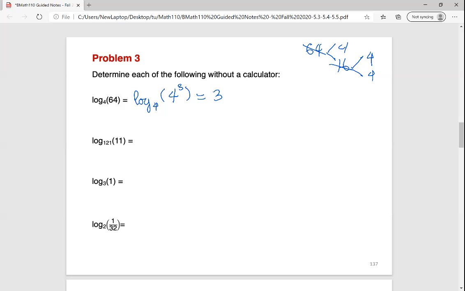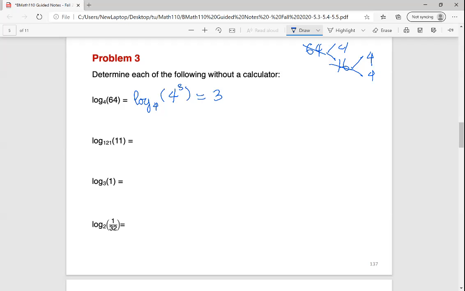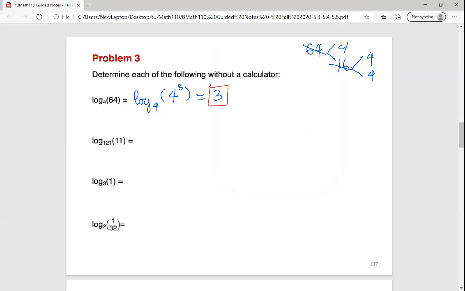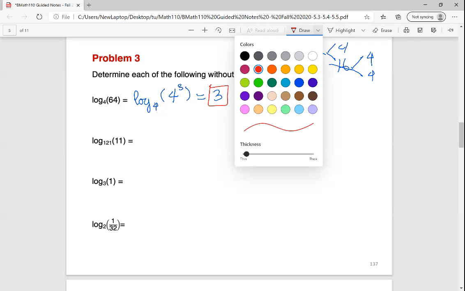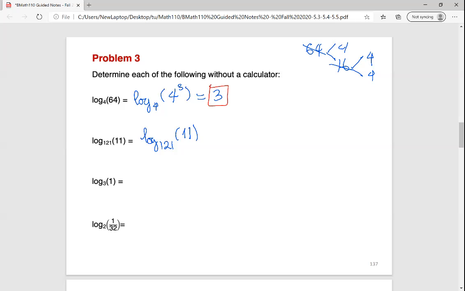Okay, I would like to use another color for this. All right. So now let's come to the next one. The log base 121 of 11. Oh, this one is not an easy one, right?